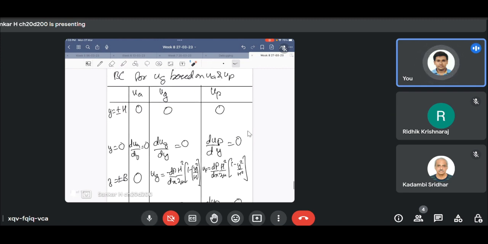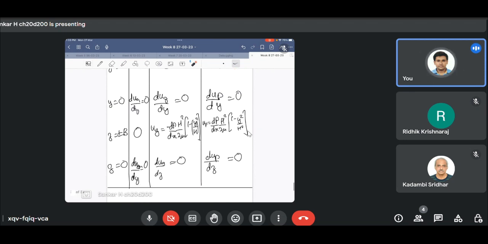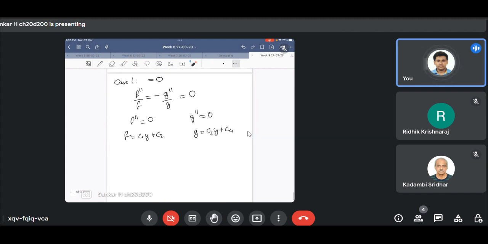Therefore, if I have such a setup, and if I am getting that u at y equal to plus or minus h is 0 and at z equal to plus or minus b is some function of y, let me substitute y equal to plus or minus h. I'll get f should be equal to 0, equal to c1 times plus or minus h plus c2, which means that plus or minus h times c1 should be equal to c2.